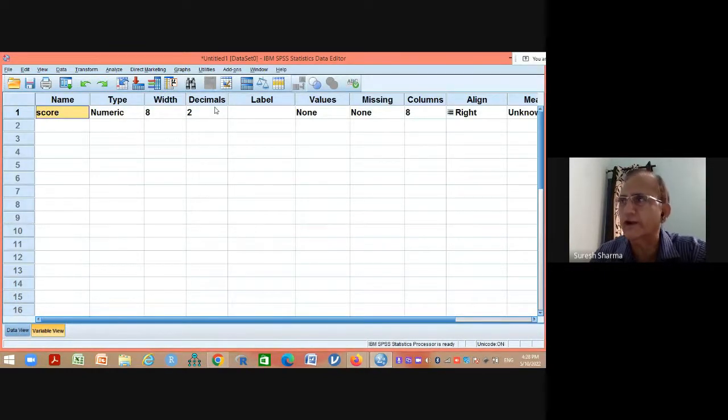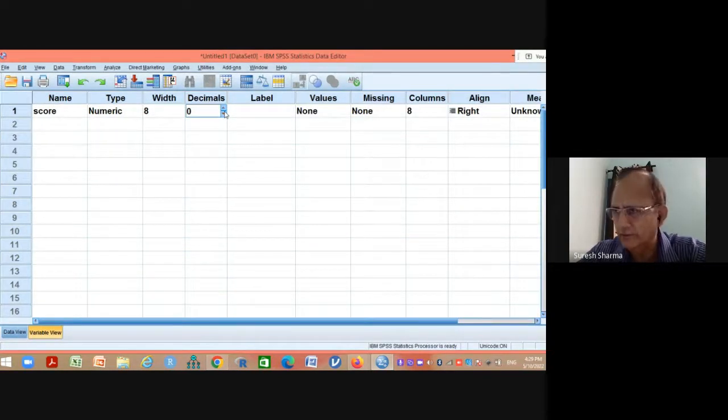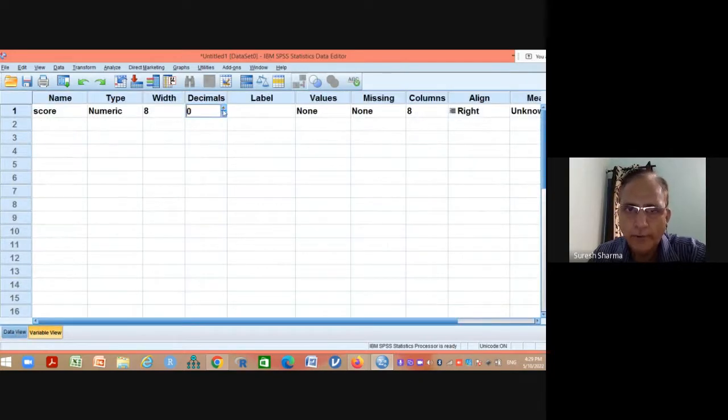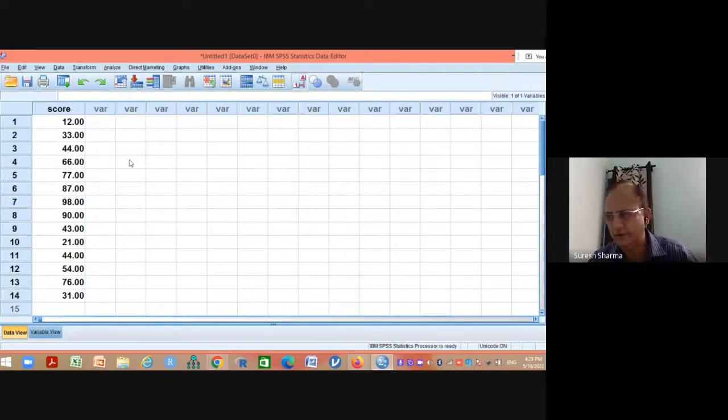If you do not require decimals for any variable, you can increase or decrease. For example, for scores, I don't require any decimals. Of course, if you are given 53.5 marks or 60.5 marks, then you can make use of 1 decimal or 2 decimals. But suppose I don't require decimals, make it 0, so your decimals will go. Generally, by default, it takes 2 decimals. So let me have the default value.